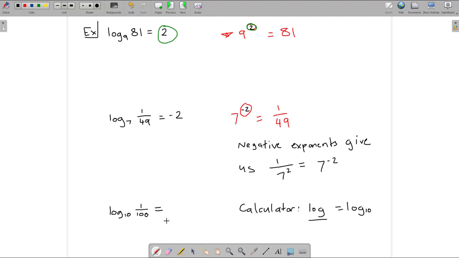But we can still take a look at it anyway. Let's think of 10 to what power gives me 1 over 100. That's almost the same problem as 7 to the what gives us 1 over 49, because we're still looking at negative exponents. Then we notice that 100 is 10 squared, so this one would also be negative 2. But this one is verifiable with your calculator, so make sure you give that a try at some point.